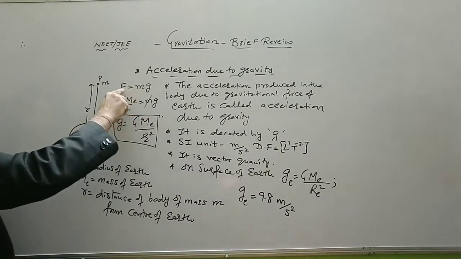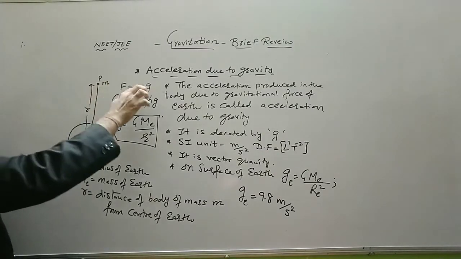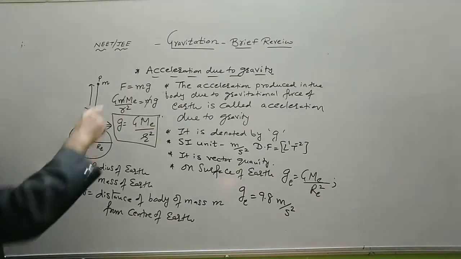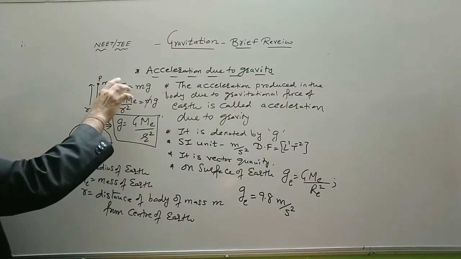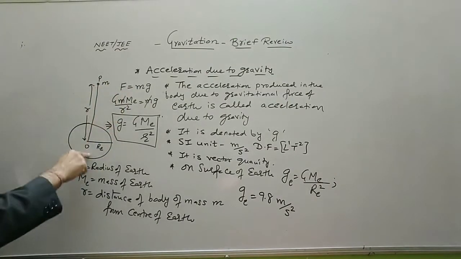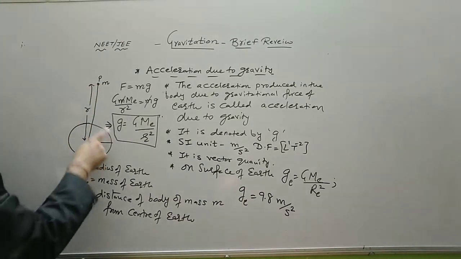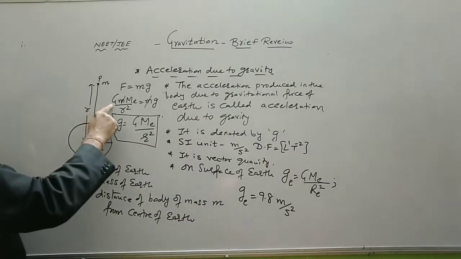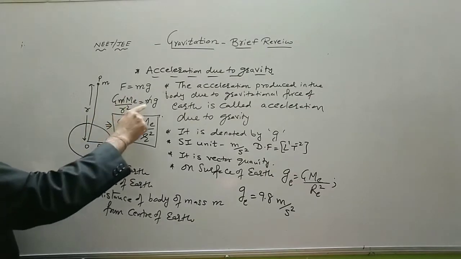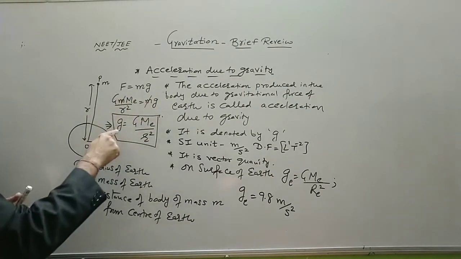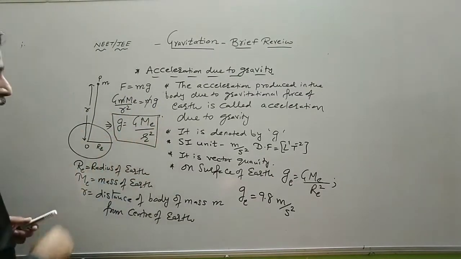Or you can say the force acting on the body of mass m due to Newton's second law is mg. Now the gravitational force between the two bodies, small m and capital Me, the earth, by the law of gravitation is G Me m upon r square, equal to mg. So m is cancelled. So g is equal to G Me upon r square.